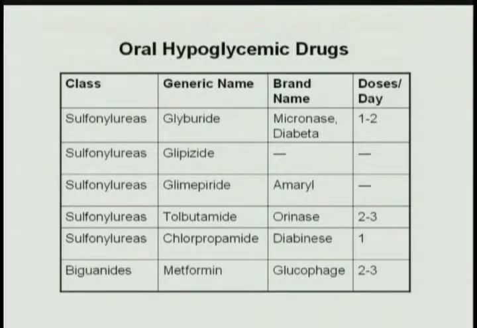The first group of drugs is right here, the sulfonylureas. The sulfonylureas have been around for 30, 40 years. They're wonderful medications. Drugs like glyburide, glipizide, glimepiride, and so forth, these drugs act on the beta cells to secrete insulin.